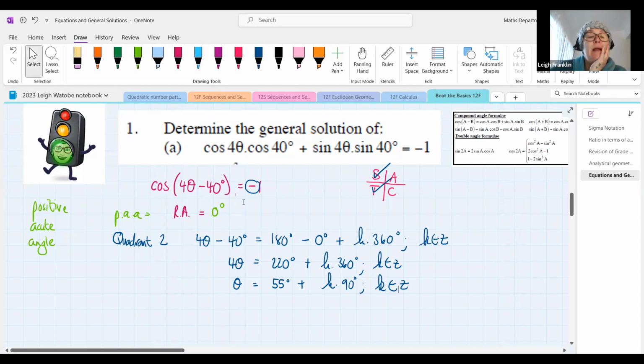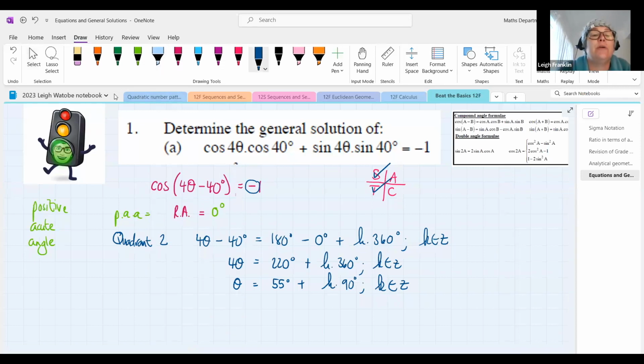Now in this particular example, we are also supposed to be doing a solution in quadrant 3. Why am I not going to worry about doing a solution in quadrant 3 in this particular example? What happens in quadrant 3?